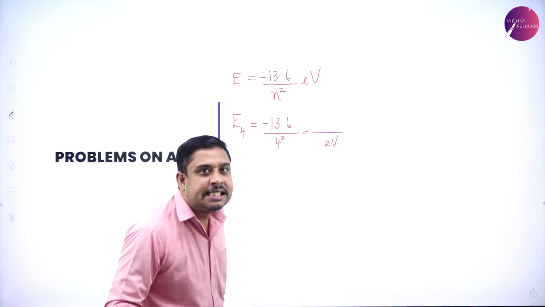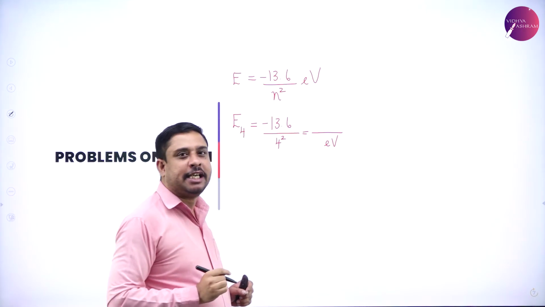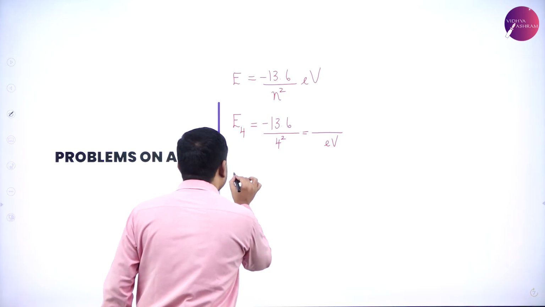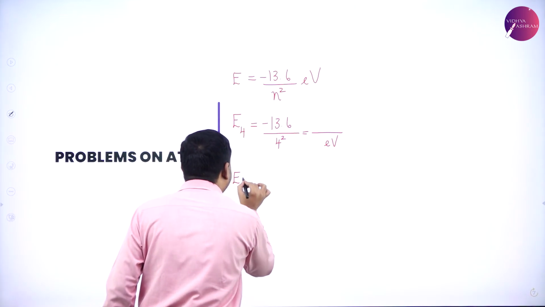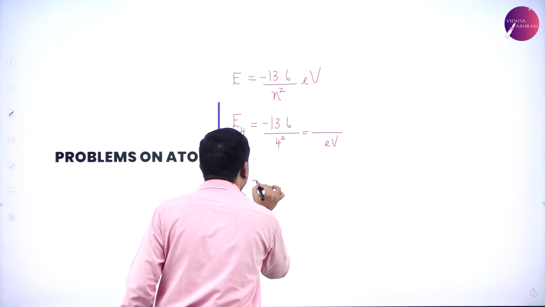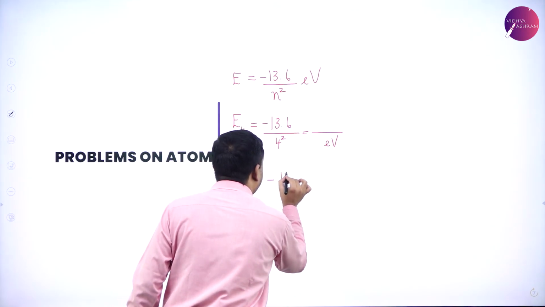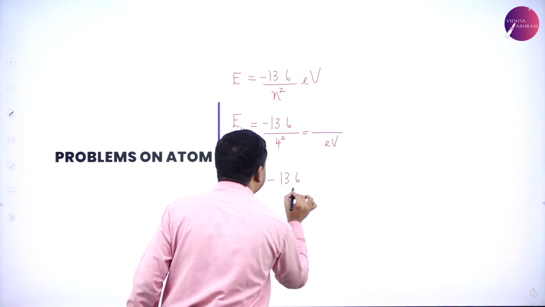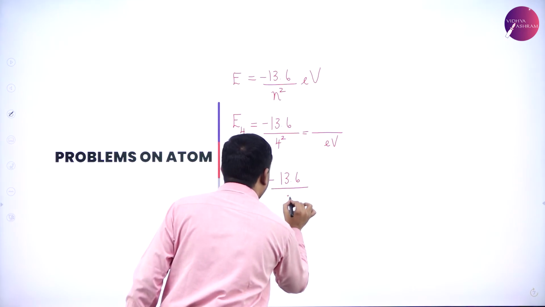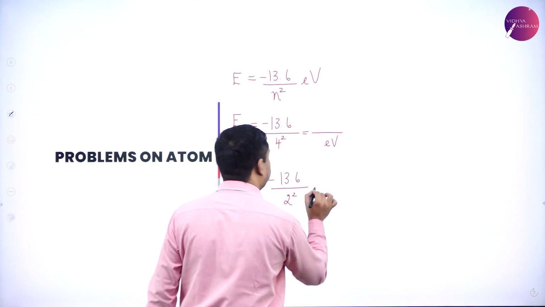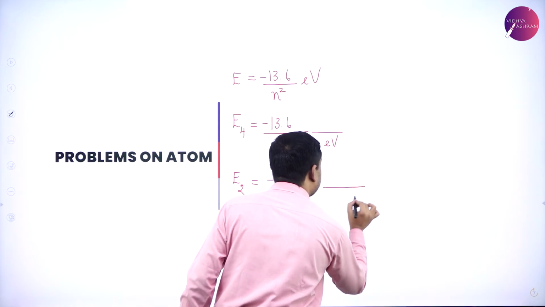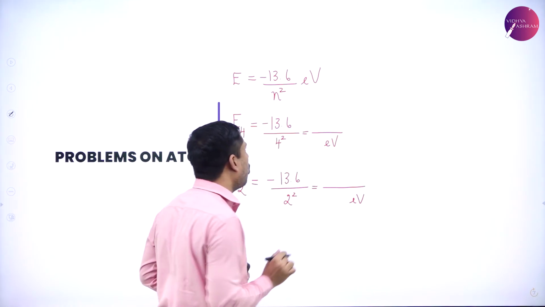Simplification is an assignment for you here. To E2, which is again minus 13.6 divided by 2 square electron volts.